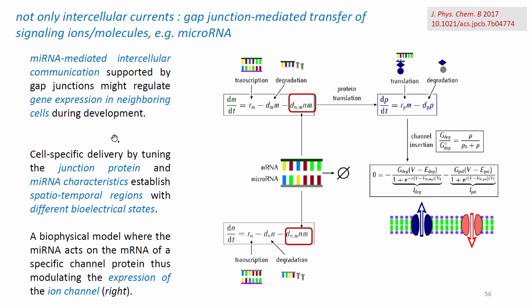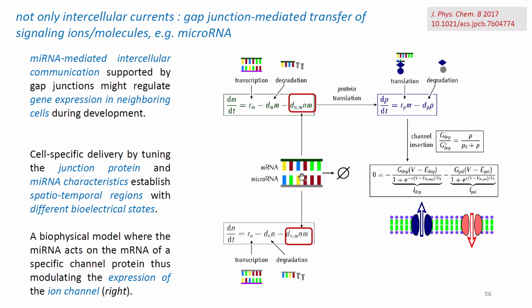We have put forward this idea considering the case of short non-coding RNA molecules that can in principle be transferred through intercellular gap junctions because of their small size. Some short RNA molecules, in this case microRNA molecules, can be transferred through the intercellular junction and then can affect the ion channels. This should give an additional experimental possibility to upregulate or downregulate certain channels.